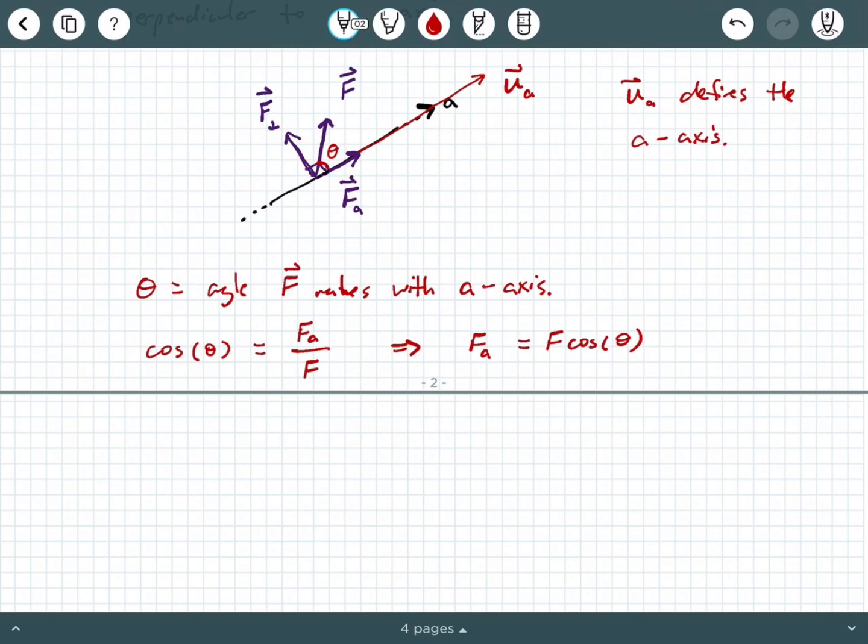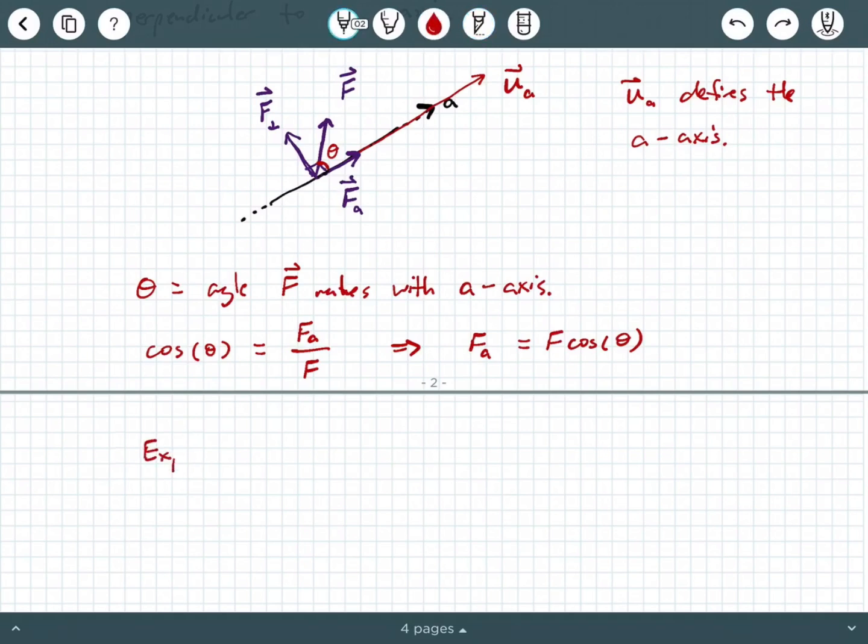Now, if you remember from some previous videos, where does the usefulness of a unit vector come from? This unit vector U sub A is defining this A axis as we said a few minutes ago.